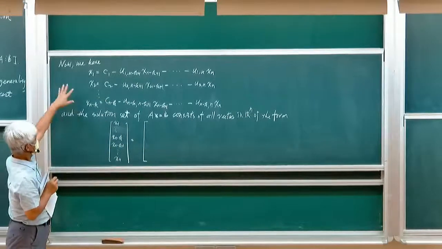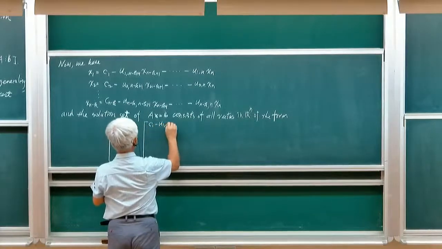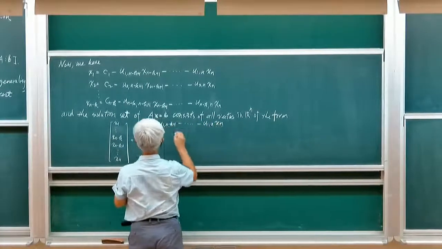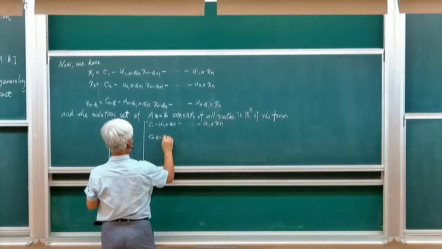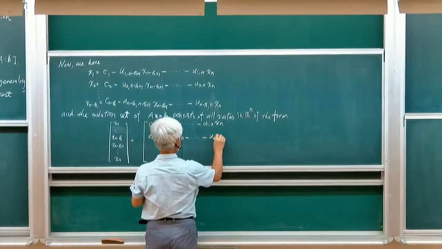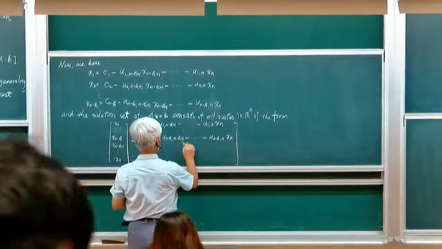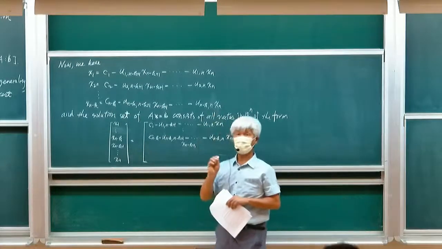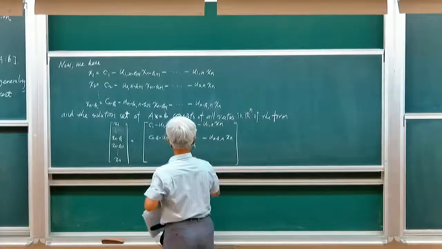We just put it here: c_1 - u_{1,n-k+1} x_{n-k+1} - ... - u_{1,n} x_n, and so on, and x_{n-k+1} up to x_n, because x_{n-k+1} up to x_n are free. They can be arbitrary.